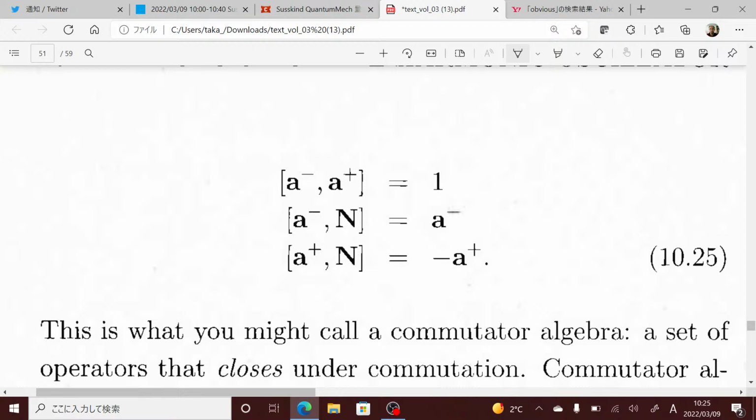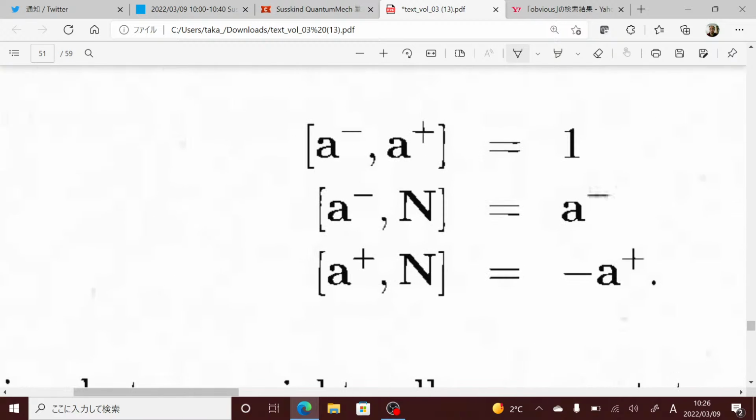The commutator a minus, n equals a minus. The commutator a plus, n is minus a plus. Okay, I think a better way to write this is this.